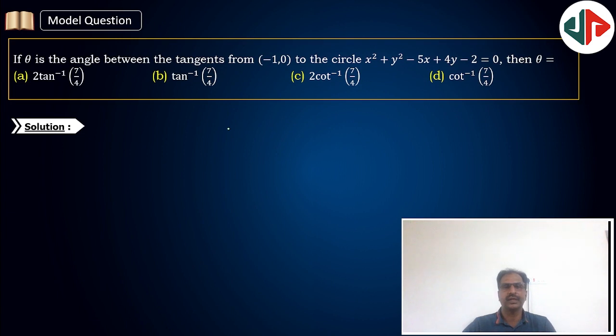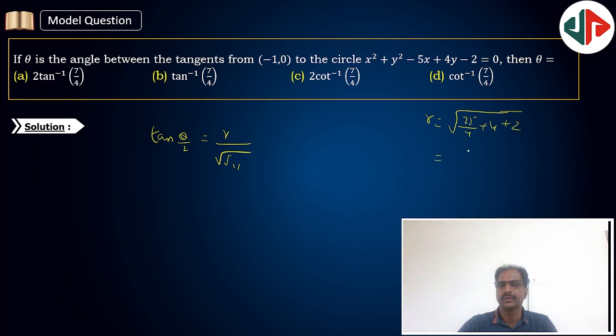Next, if theta is angle between the tangents drawn from a point to the circle, then what is theta? The formula for finding angle between the tangents is tan theta by 2 is equal to r by root s1. r is radius of the circle. Radius is under root g square plus f square minus c. r is 7 by 2.